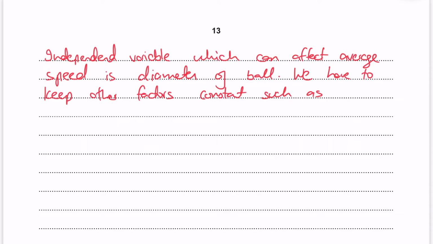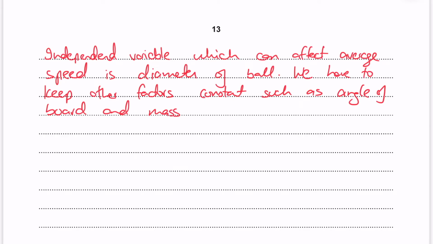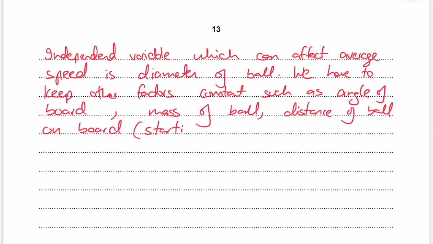You have to come up with more of these factors which can affect average speed. For this slope, one factor is the angle of board, and then mass of ball, and distance of ball on board. By that we mean the starting point. These are all the factors which have to be kept constant.